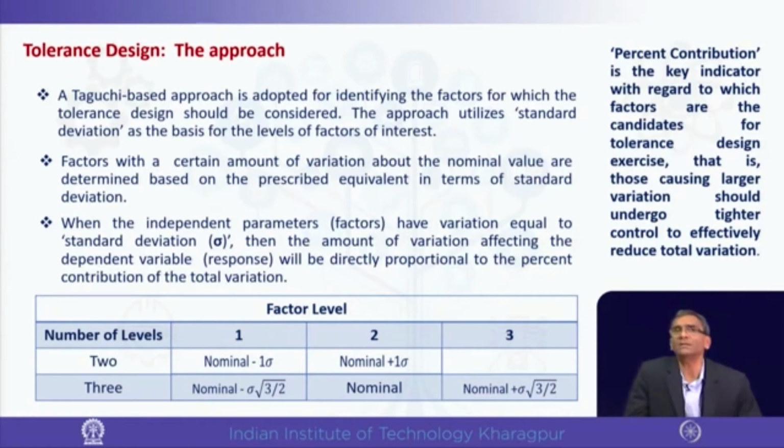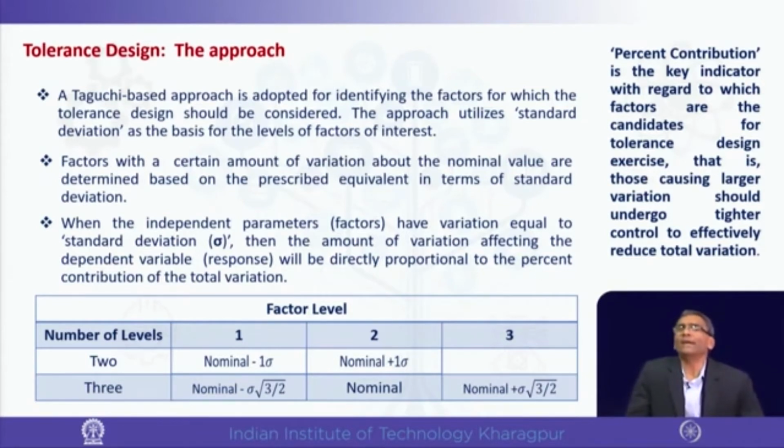That means nominal minus sigma, and nominal plus sigma. However, if it is a case of say 3 level, then 3 level means max, min, mid: maximum and minimum, these two extremes, and the midpoint which we call here the nominal value.